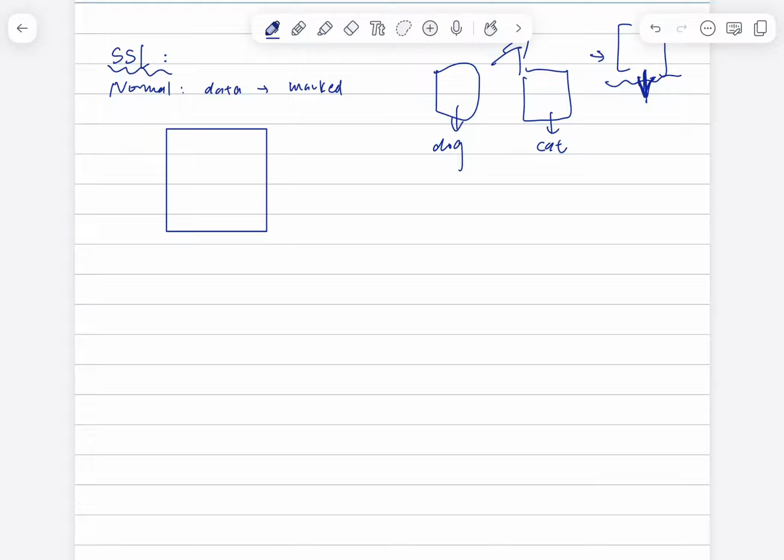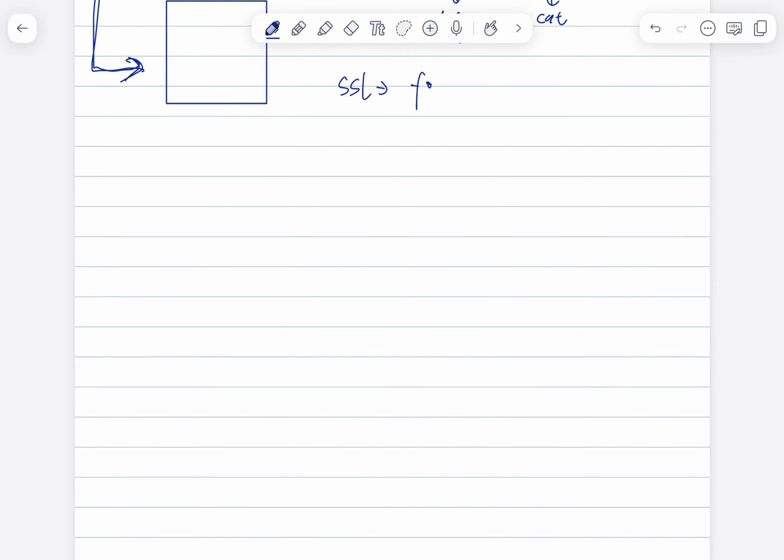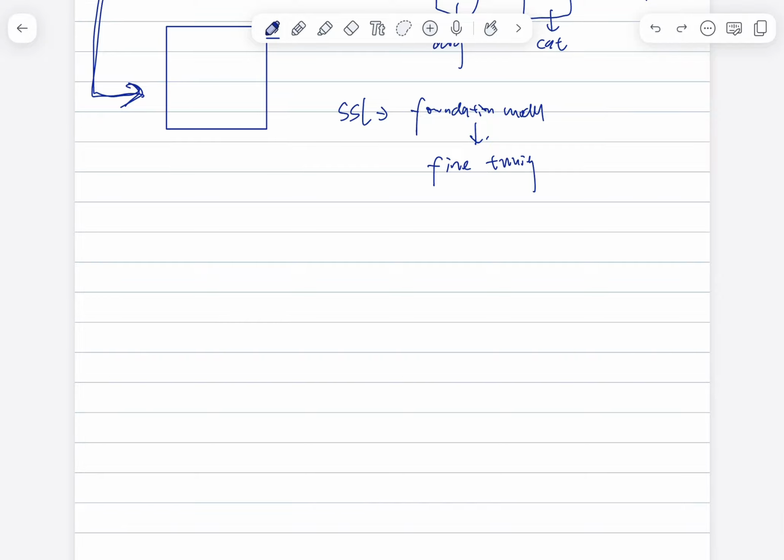So that's my thoughts on self-supervised learning. Self-supervised learning provides you with a foundation model, and then fine-tuning does the rest, so it doesn't rely that much on marked data.